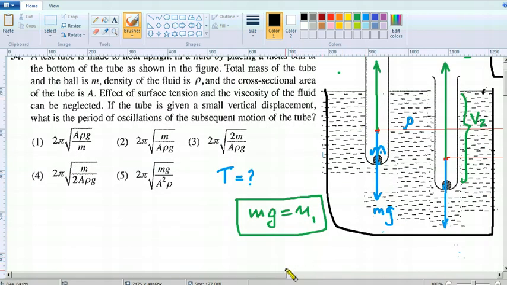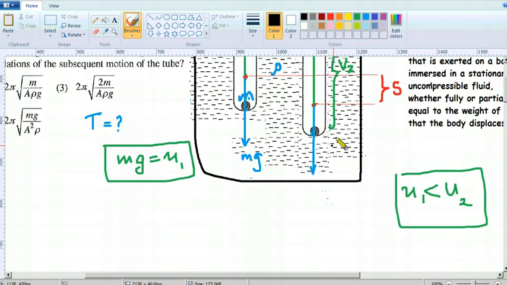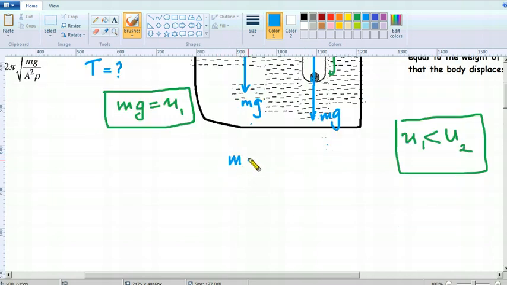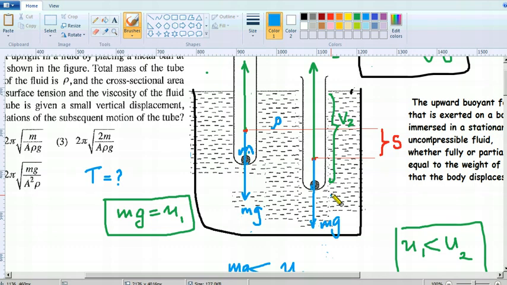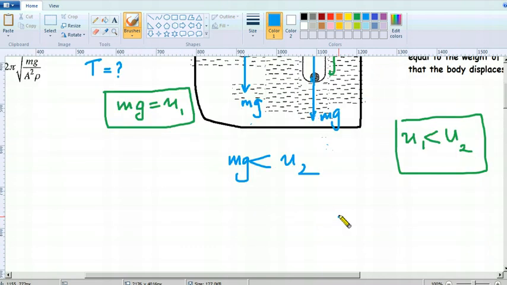So therefore we can write here mg, which is smaller than U2, because in this diagram you can see I explained all the way that U2 is greater than mg. That means here there is a resultant force, or an excess force.